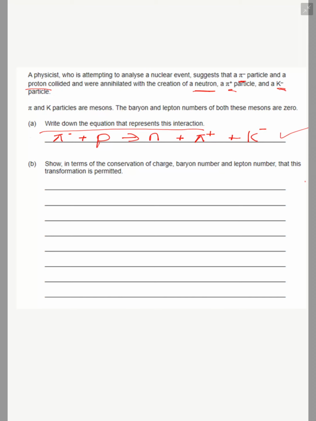So show in terms of conservation of charge, baryon number and lepton number that this transformation is permitted. So with your charge, we've got -1 because of your negative pion, plus your proton, so that's +1, turns into neutron is neutral, +1, -1, so that's conserved. Your baryon number, well, pion's only got two quarks, so that's not a baryon.